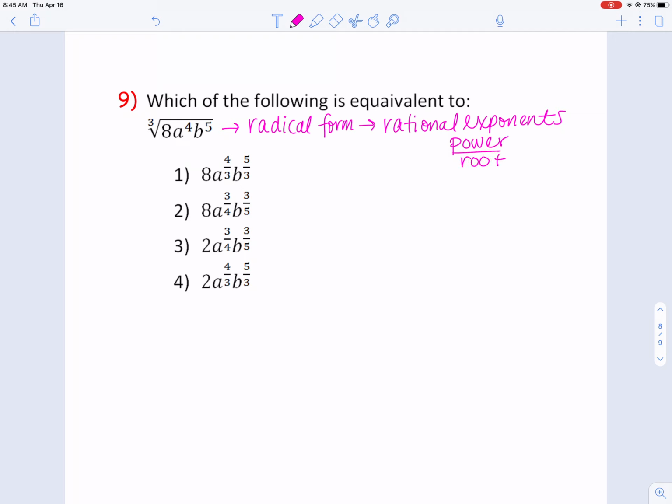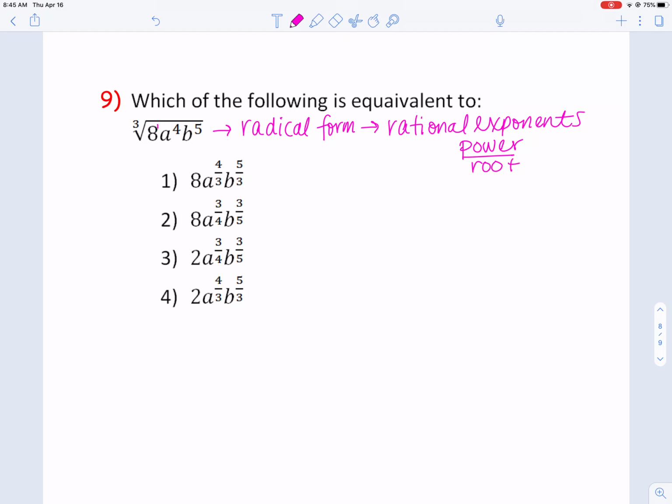You actually have to do it with the coefficient too. What is 8's exponent? 1. So you're going to raise 8 to the power of 1 over the root of 3. You're going to raise a to the power of 4 over the root of 3. You're going to raise b to the power of 5 over the root of 3.